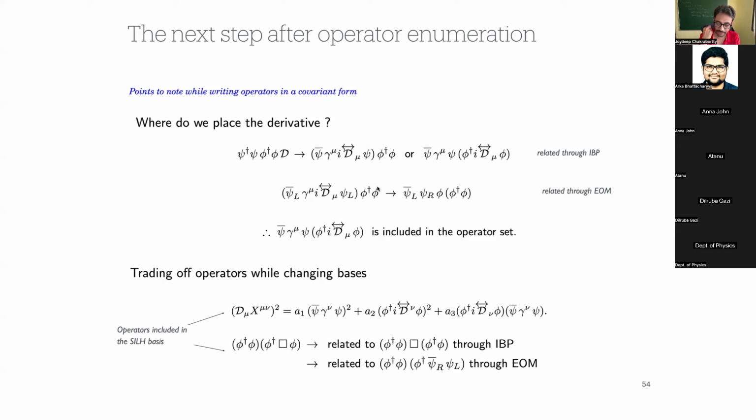Yes. And for example, there are a lot of recent literatures where, when you calculate dimension 8, you have to calculate the equation of motion up to dimension 6 or 7.